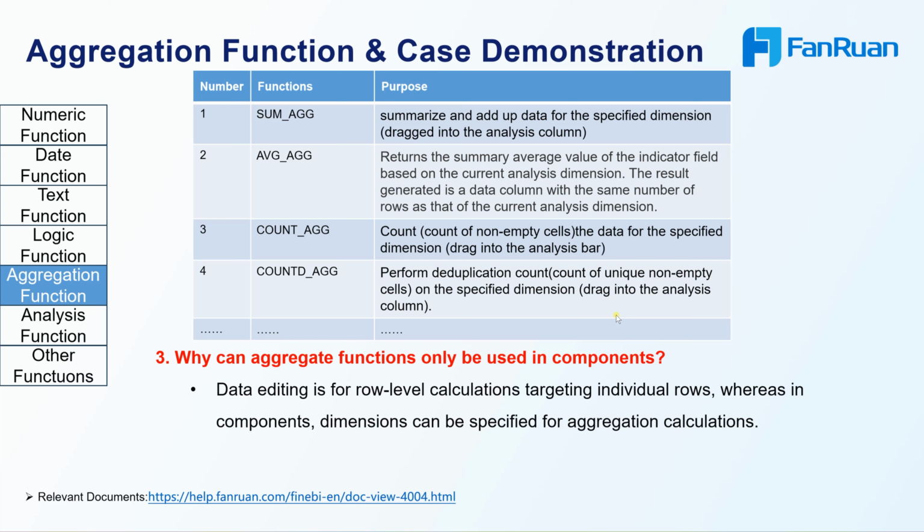So it doesn't recognize or calculate aggregation functions. In the component, however, we have this category dimension, which groups and summarizes the data accordingly. That's why it works in the component. This is the first common mistake. Remember, don't use aggregation functions directly in data editing.